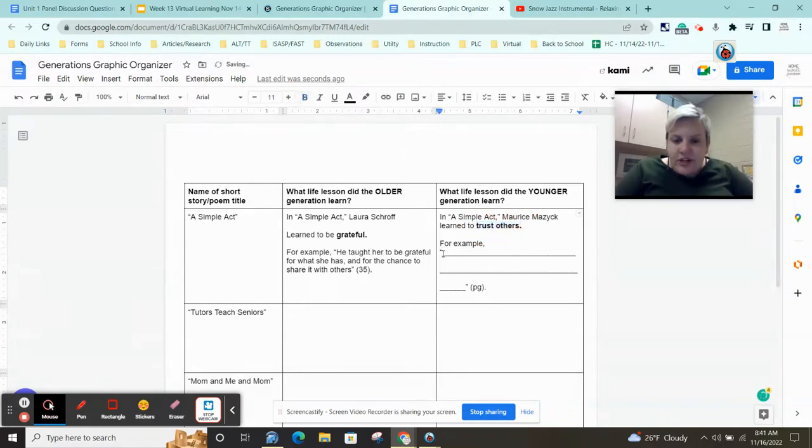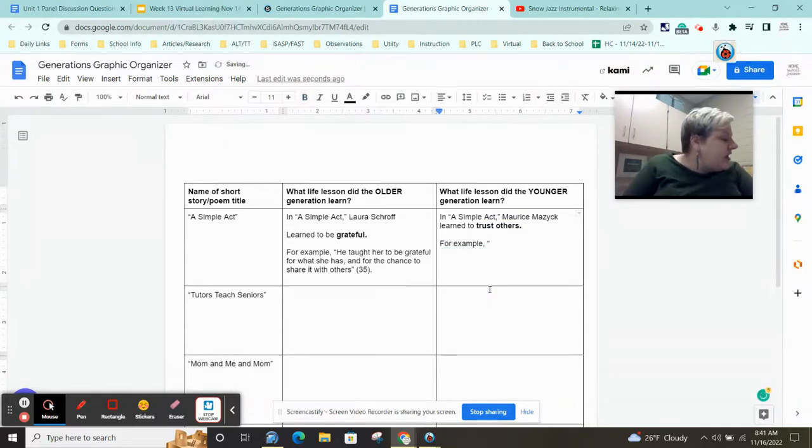And then we're going to put in text evidence. How do I know he learned that, with the page number it says it on? I'm looking at the last paragraph of our textbook on page 35, paragraph 9. It's that quote by Ernest Hemingway, and it says, for example, the best way to find out if you can trust somebody is to trust them.